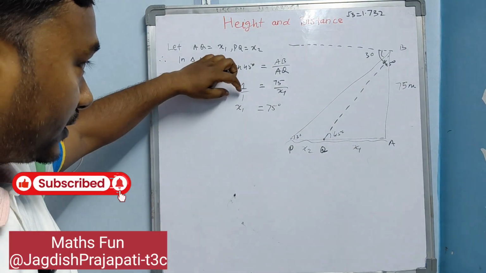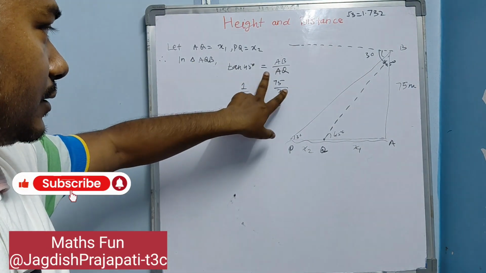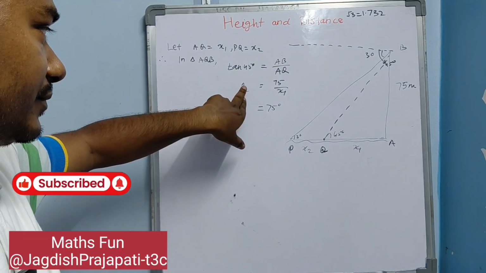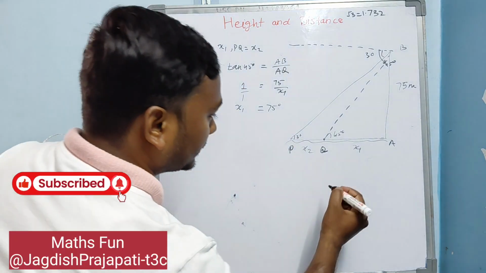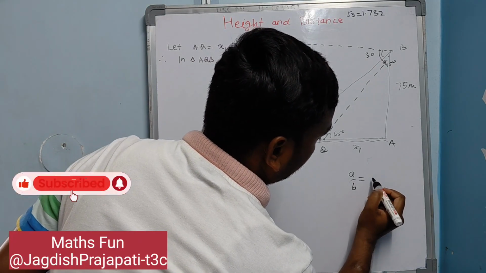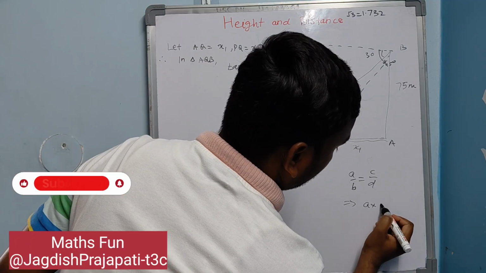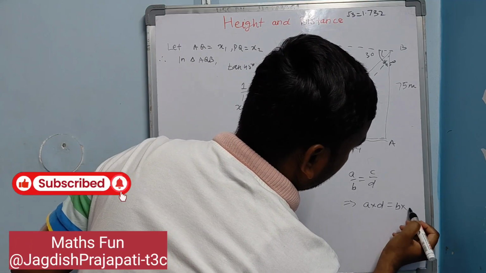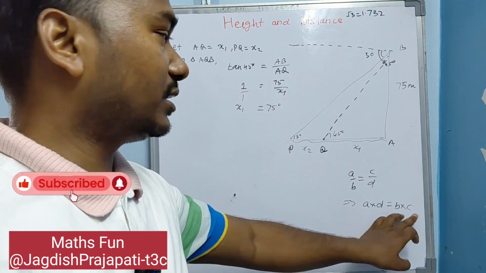If the equal sign is here and the quantities are like a by b and c by d, then we can write it like this: a into d equal to b into c, and this is termed cross multiplication.